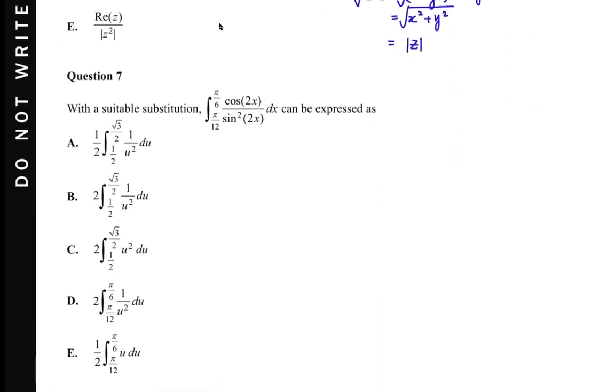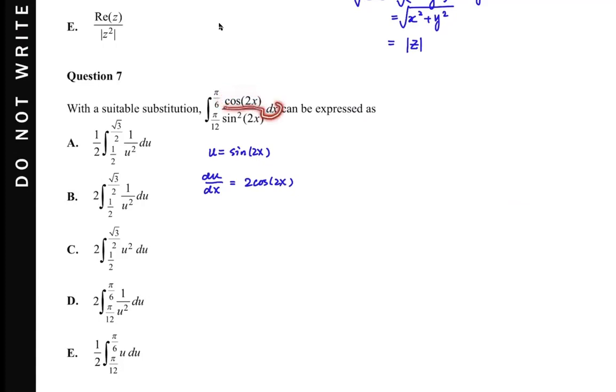Question 7, with a suitable substitution, the integral can be expressed as. If you have ever seen a fraction in your integral, you might take a look at the bottom. In this case, I would say u is sine 2x. So du/dx will be 2 cos 2x, which is twice the numerator.